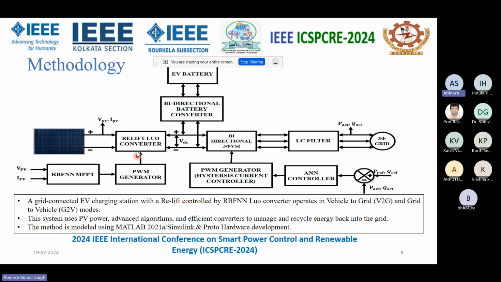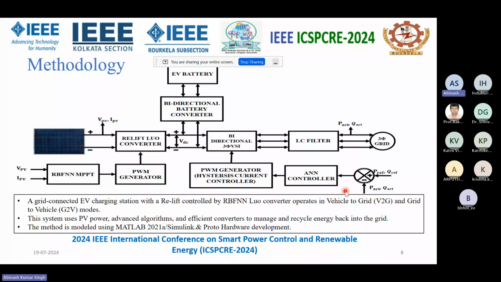In between, there is a Luo converter to boost the PV input, and again a bidirectional three-phase voltage source inverter, LC filter, and three-phase grid. For that we have used RBF and MPPT with the PWM generator, and for the bidirectional VSI converter we have used an NN controller. So this is our methodology.